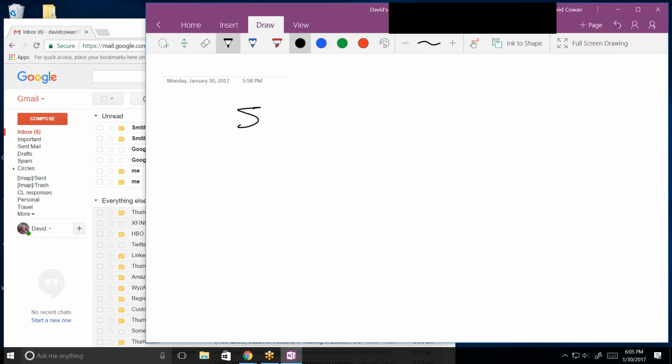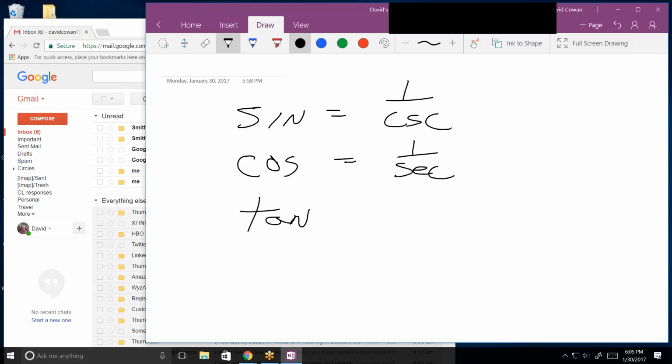There are basically 11 identities that you absolutely have to know. What's the reciprocal to sine? Cosecant. What's the reciprocal to cosine? Secant. What's the reciprocal to tangent?